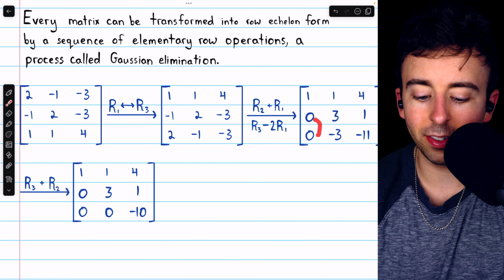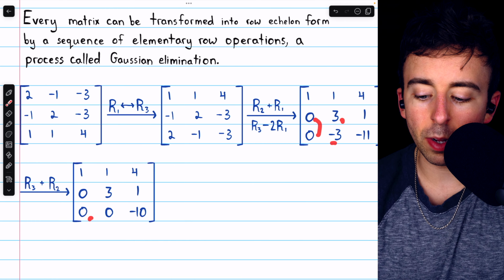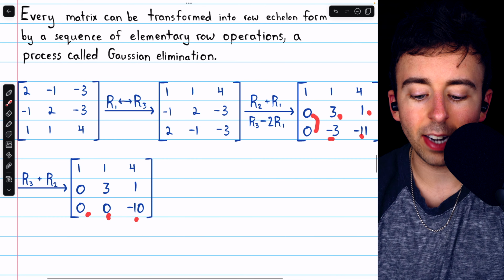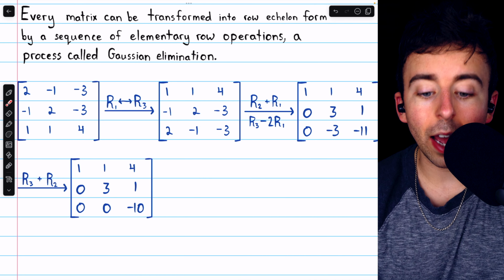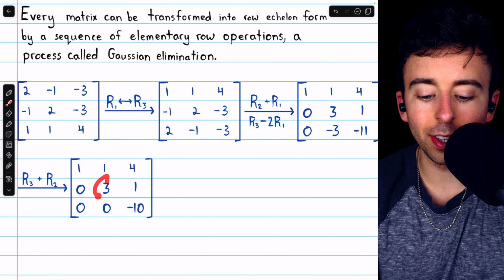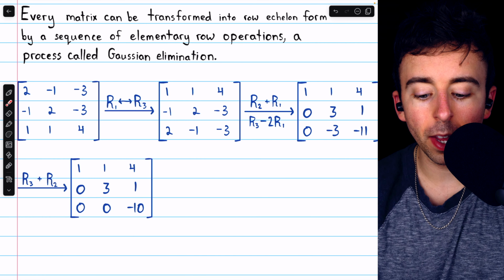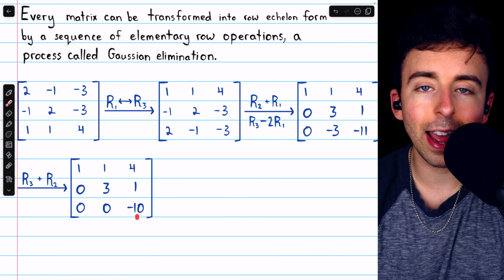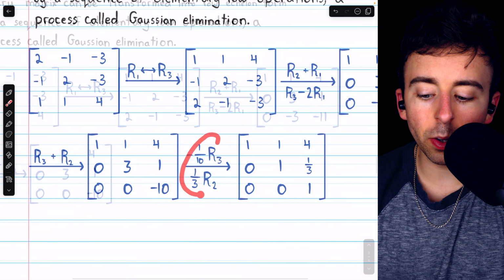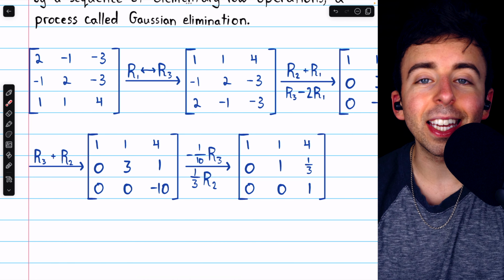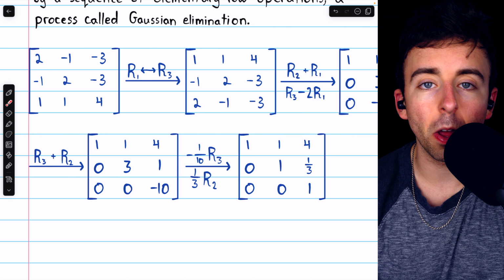We have 0 plus 0, which is 0, -3 plus 3, which is 0, and -11 plus 1, which is -10. Now, all we have to do is multiply row 2 by 1/3 to turn this entry into a +1, and multiply row 3 by -1/10 to turn that entry into +1. Doing those two multiplications gets us to this matrix, which finally is in row echelon form.